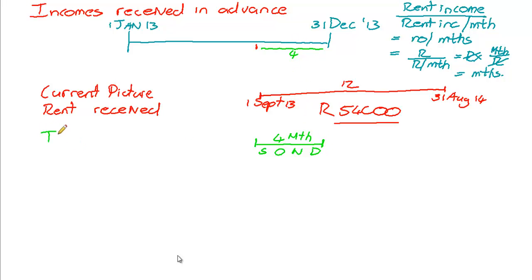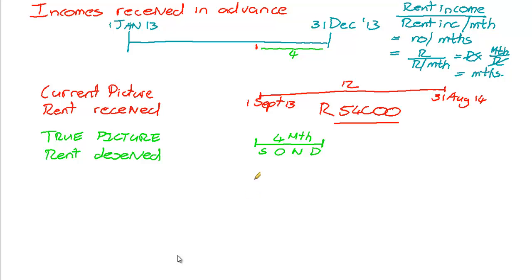So the true picture of income that we should have recorded, remember the current picture is what is already in the trial balance, is 54,000 Rand, but we should only have recorded 4 months of rent. So the rent that we've earned is only 4 months.